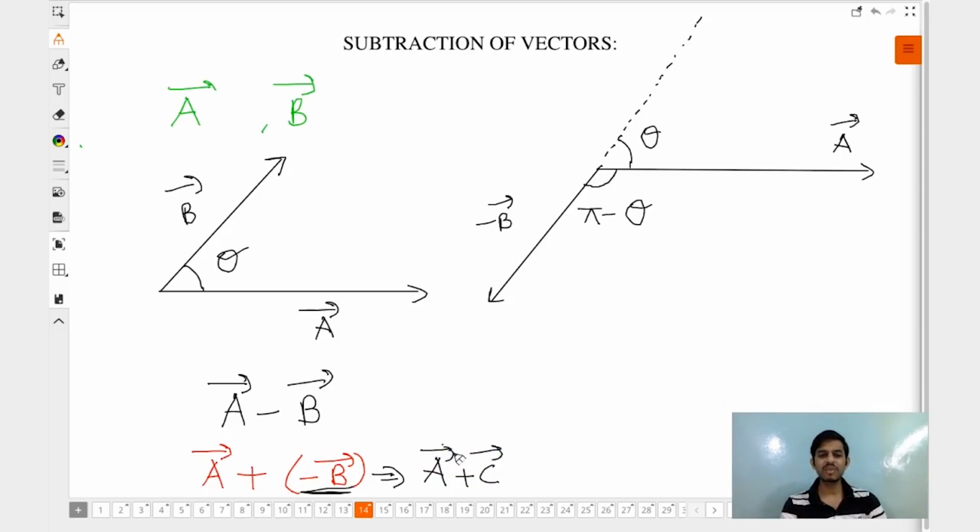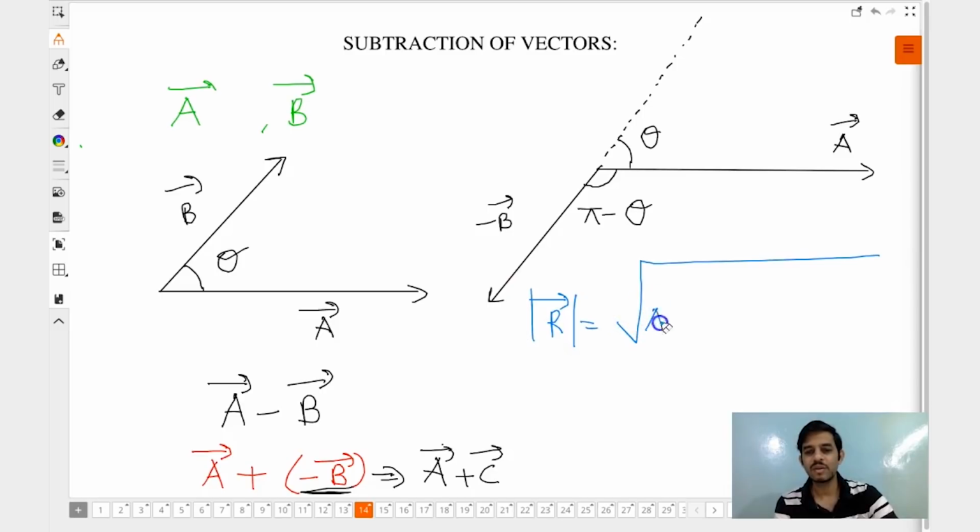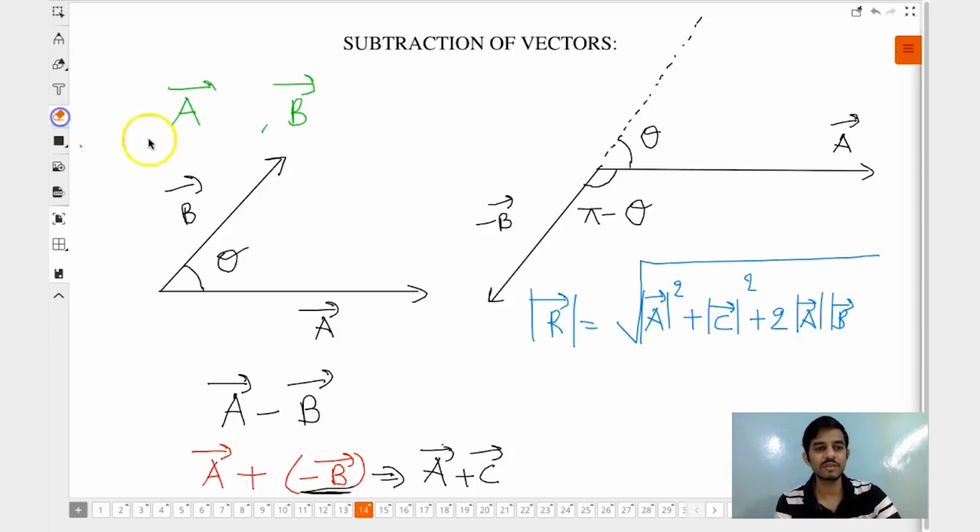Now if I ask you this question कि guys दो vectors हैं A vector and C vector and you have to find the resultant of the two. Can you do it? Obviously sir, अभी पढ़ा है हमने formula. What will it be? Mod R equals to mod of A square plus mod of C square plus 2 times mod A mod C. Sorry, B तो भूल ही गए थे, B तो अब है ही नहीं.